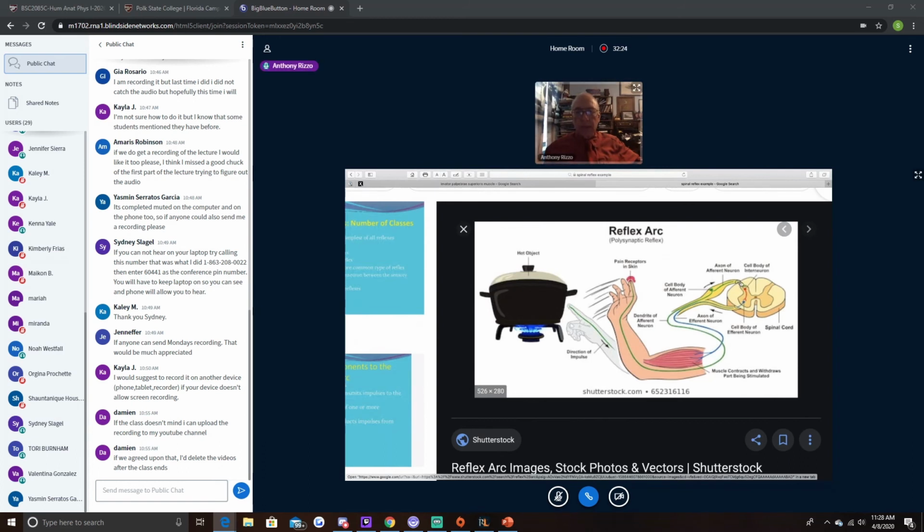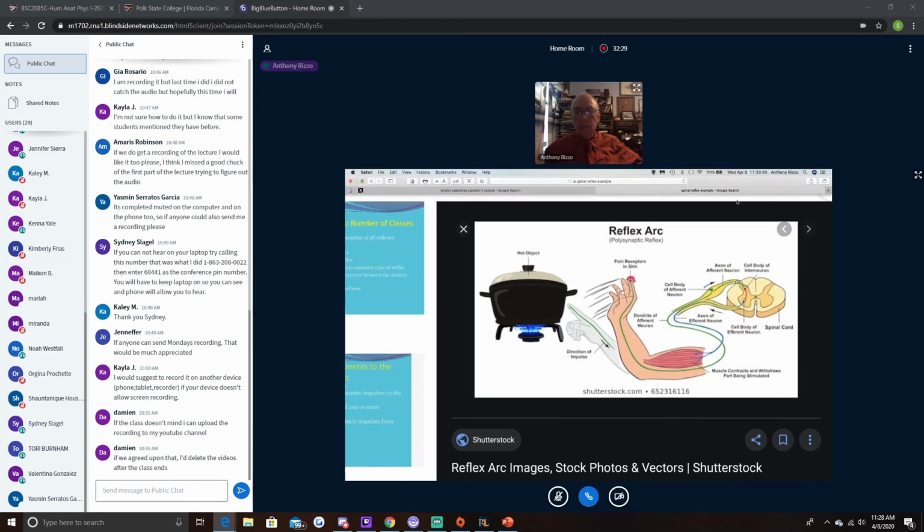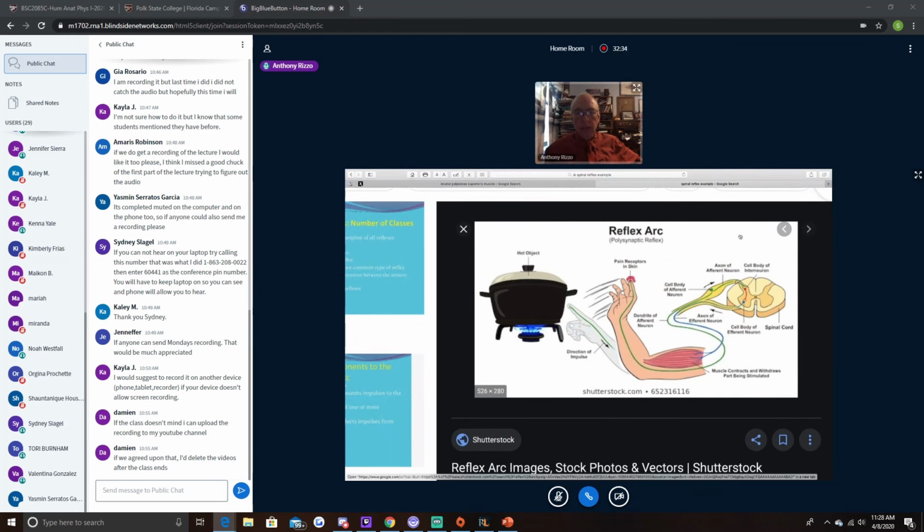Now, remember that neuron has a branch that goes up to the brain. But first, before that, this is still a first-order neuron.